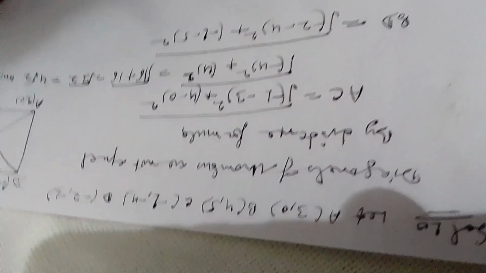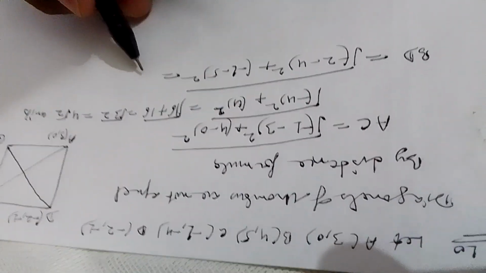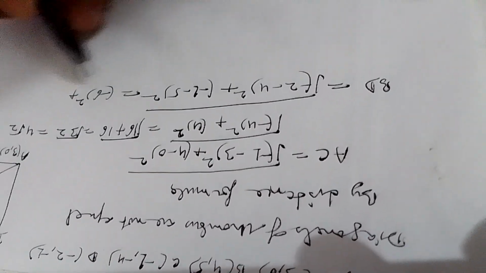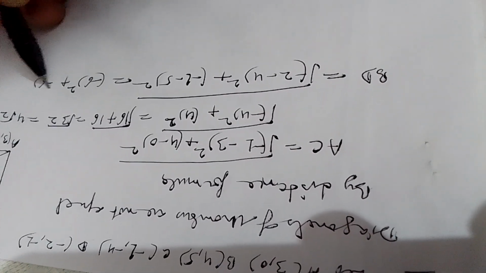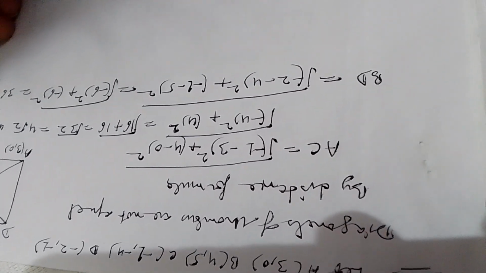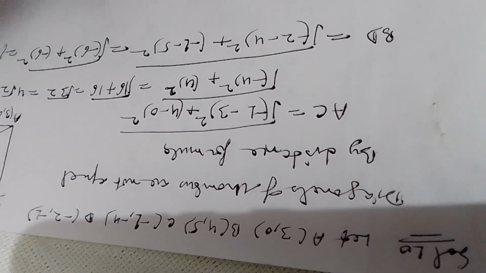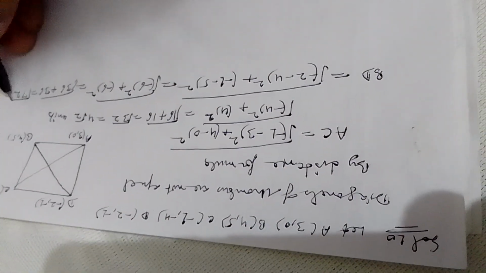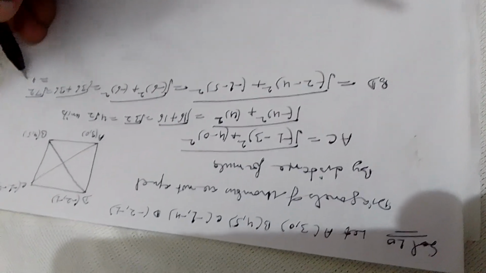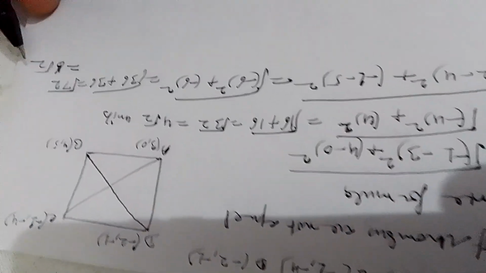So it comes out to be minus 6 square plus minus 6 square, so 36 plus 36. So it comes out to be under root 72, which we further simplify as 6 under root 2 units.